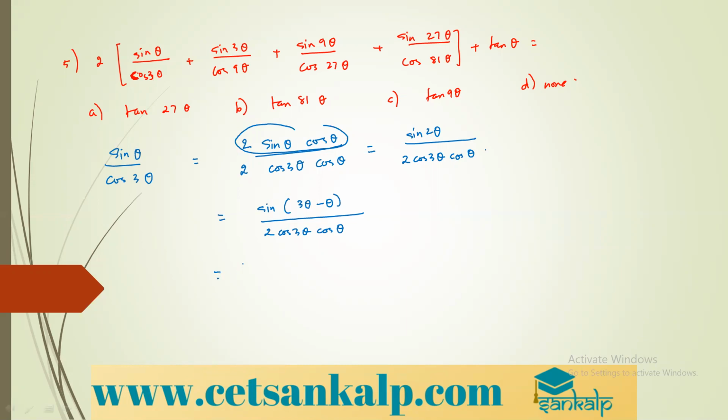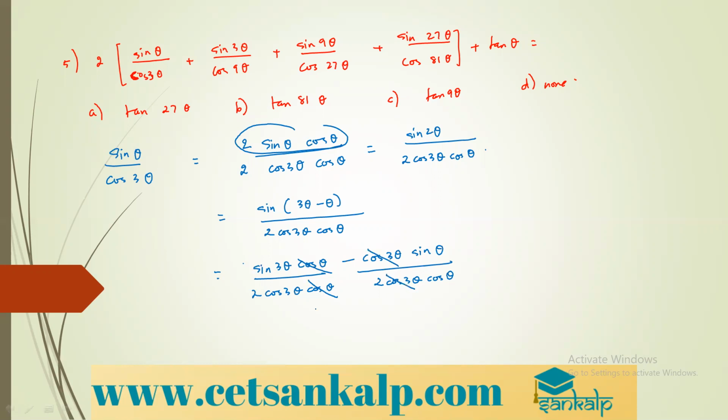Now I will use the sine (A minus B) formula, that is sine A cos B minus cos A sine B. And both I will divide by 2 cos 3 theta cos theta. So here cos theta will cancel.